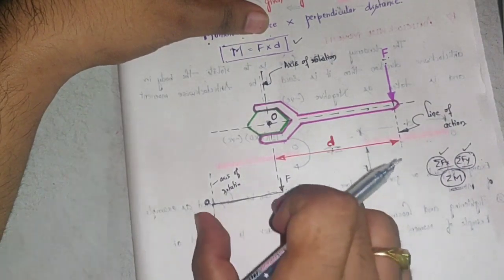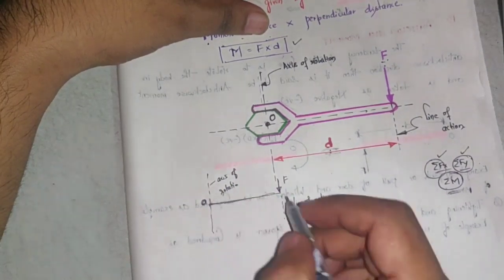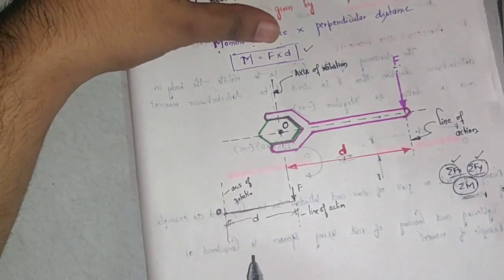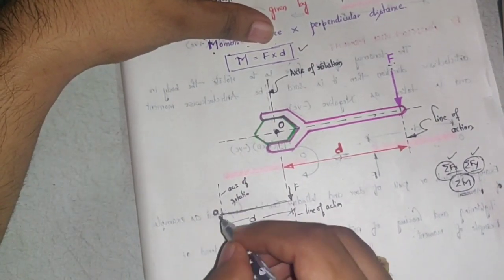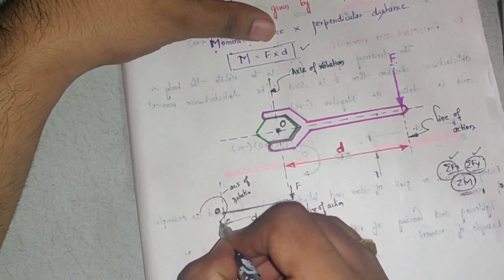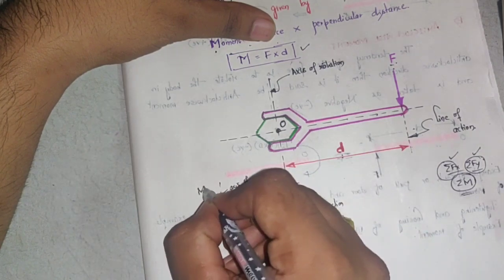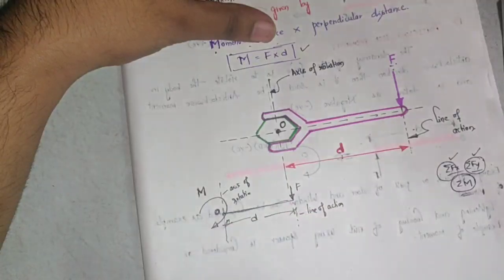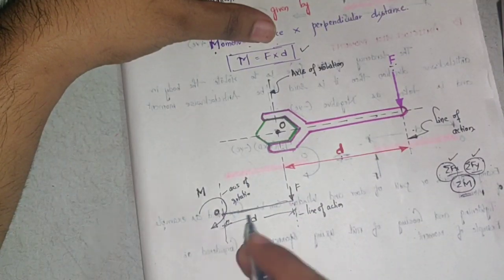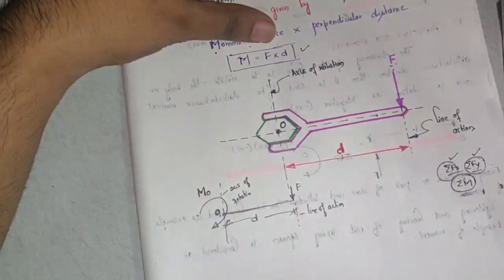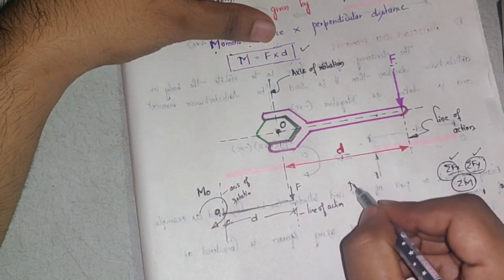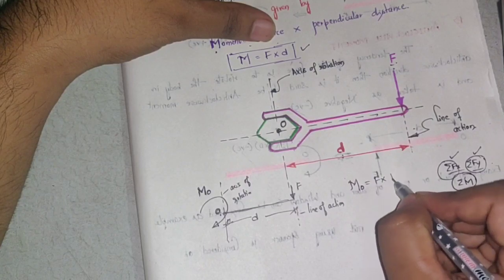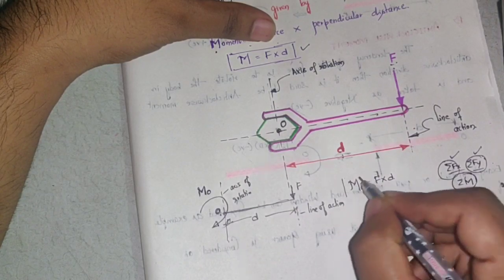This spanner will rotate like this, and force into perpendicular distance is D. When I want to represent moment here, I'll represent it like this. Moment is represented with M. Where is this rotation taking place? It is taking place at point O, so I'll represent this moment as MO. What is the magnitude of MO? Moment about O is given by force into perpendicular distance.